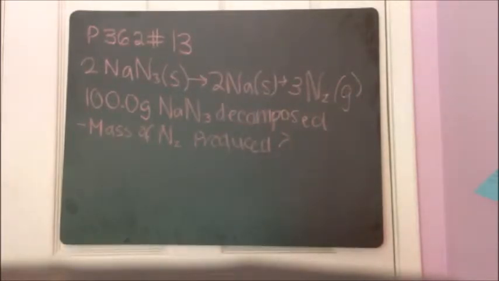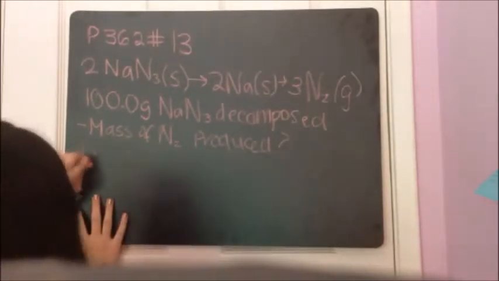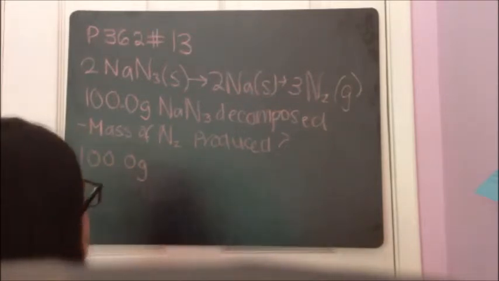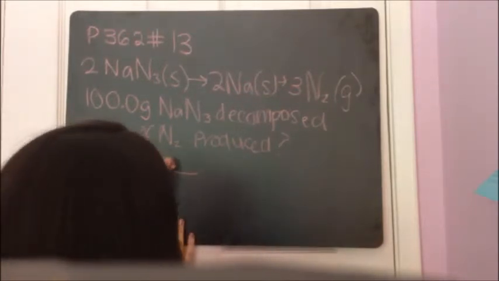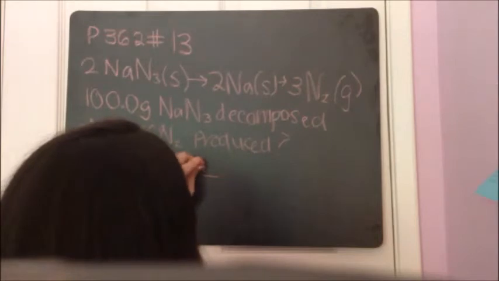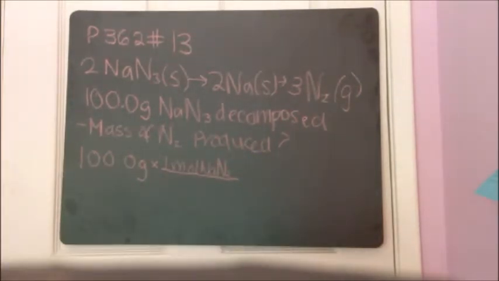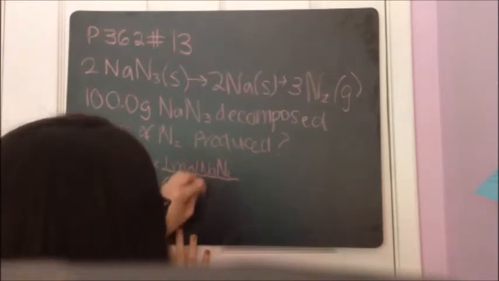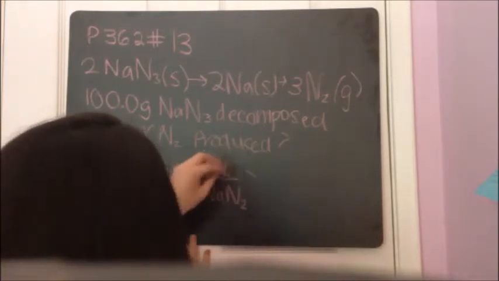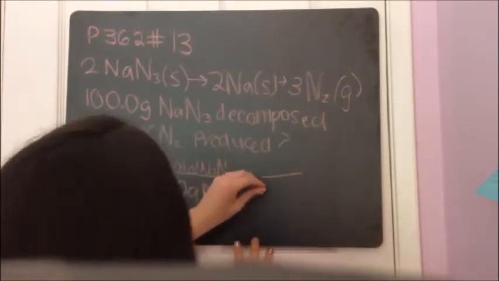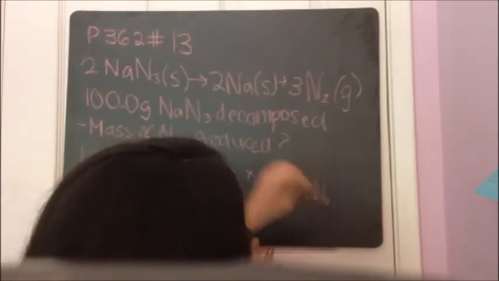So I started out by writing 100 grams, and then from this I actually multiplied it by the molar mass first because we started off with the grams rather than the moles in this problem. So I multiplied it by 1 mole of NaN3 over 65 grams of NaN3.